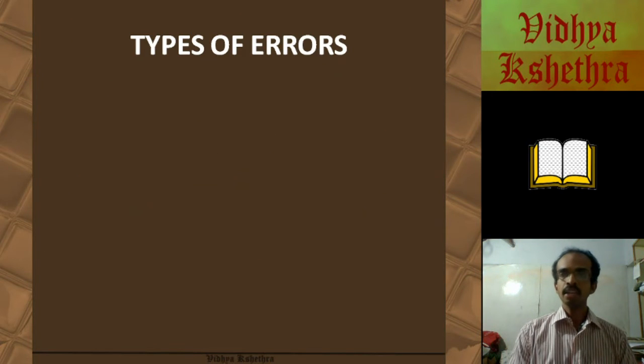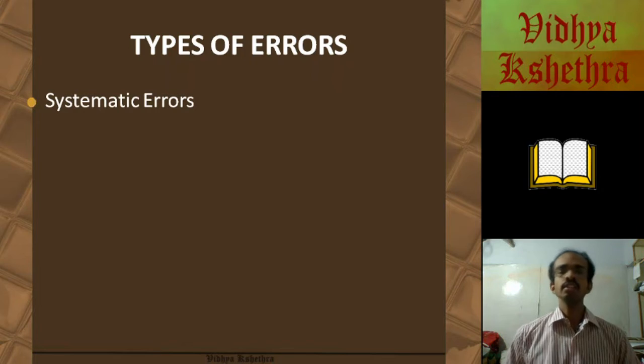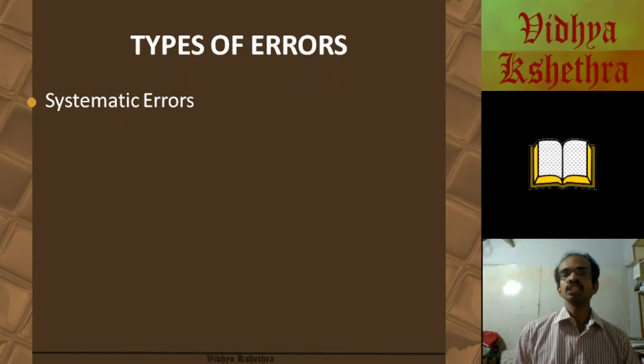Now, there are many types of errors. First one is systematic errors. This type of error occurs when there is a change in one direction. That is, it may be a positive change or a negative change.